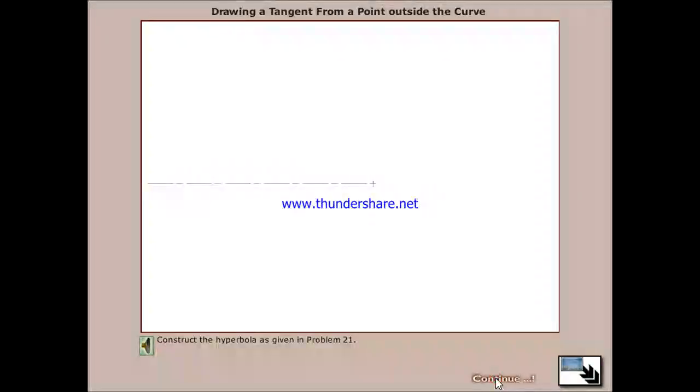Once again. Construct the hyperbola as given in problem 21.